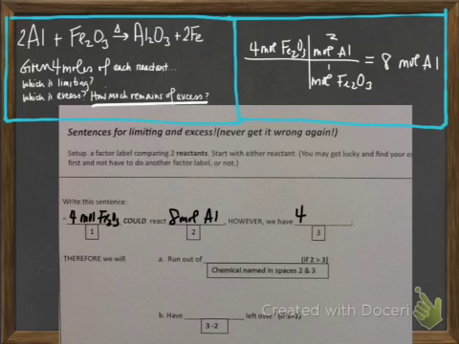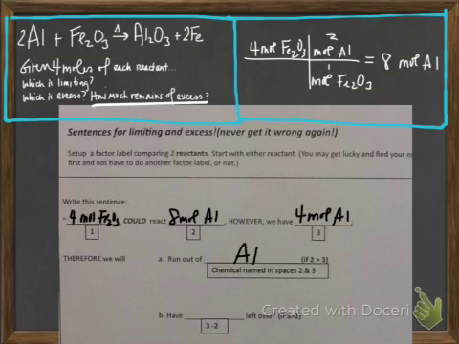However, we have 4 moles of aluminum. So if the number in space 2 is bigger than 3, we're going to run out of aluminum. We don't have enough aluminum to react all of the iron oxide.